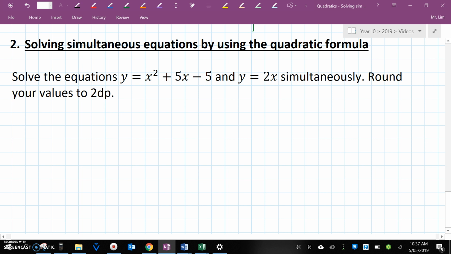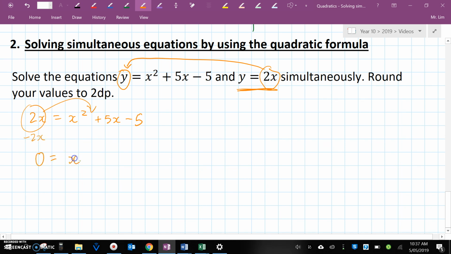Again, we are going to substitute that into here, because that is what y is equal to according to this. 2x is equal to x squared plus 5x minus 5. x squared is positive, so we're going to bring this one to that side by minusing 2x. That leaves us with 0 on the left hand side is equal to x squared plus 3x, because 5x minus 2x is 3x, minus 5.